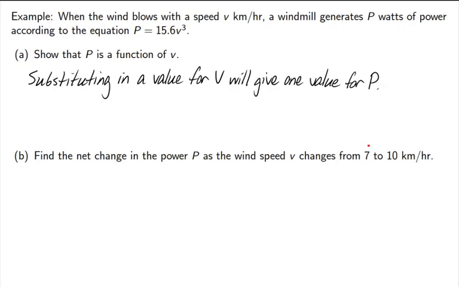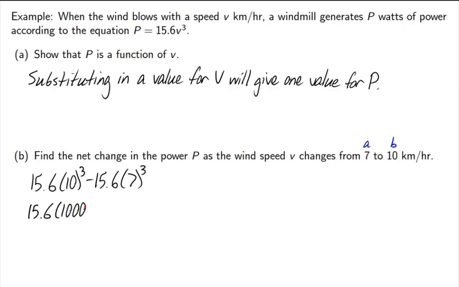What I'm going to do is label these A and B, and I'm going to substitute in B first. So 15.6 times 10 cubed minus 15.6 times 7 cubed is going to give us the net change in power. So let's see if we can calculate this. This is 15.6 times 1,000 minus 15.6 times 343.